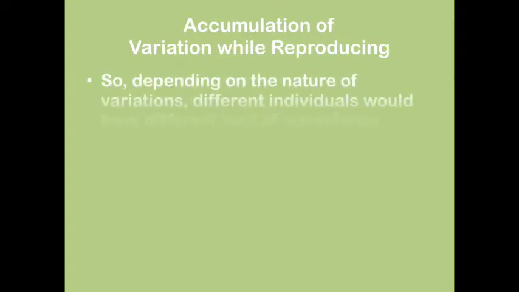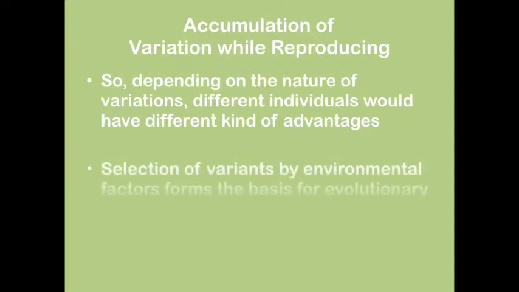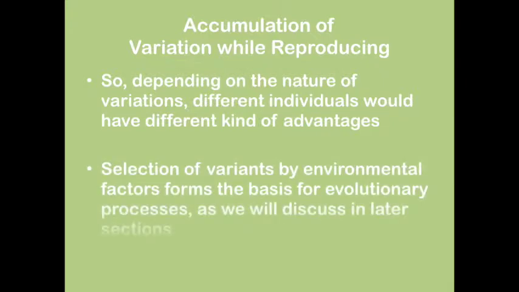Depending on the nature of variation, different kinds of individuals would have different kinds of advantages. So selection of variants by environmental factors forms the basis for evolutionary processes, as we will discuss later in the sections of this particular lecture. Okay?